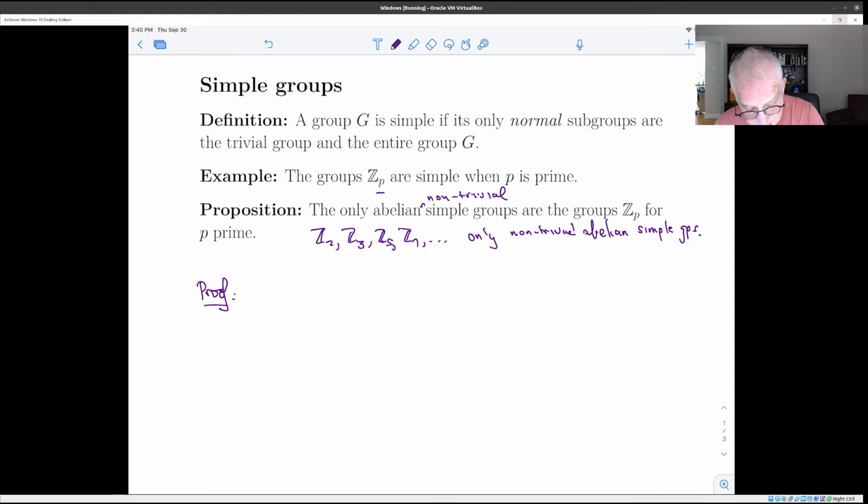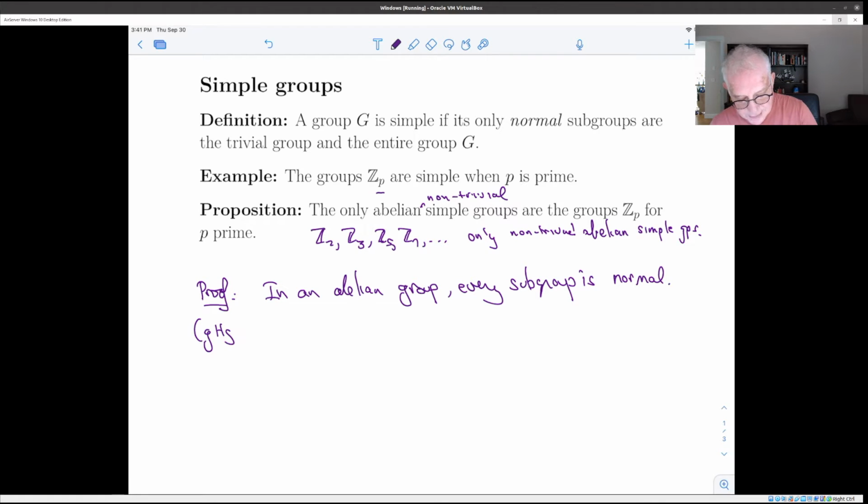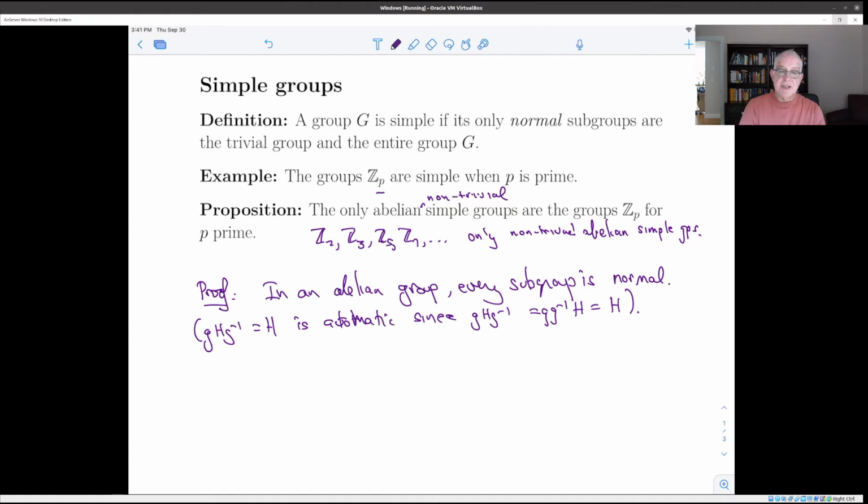So let's remember that in an abelian group, every subgroup is normal, because the condition that GHG inverse equals H is automatic, since GHG inverse is GG inverse H, which is H, using the abelian property.